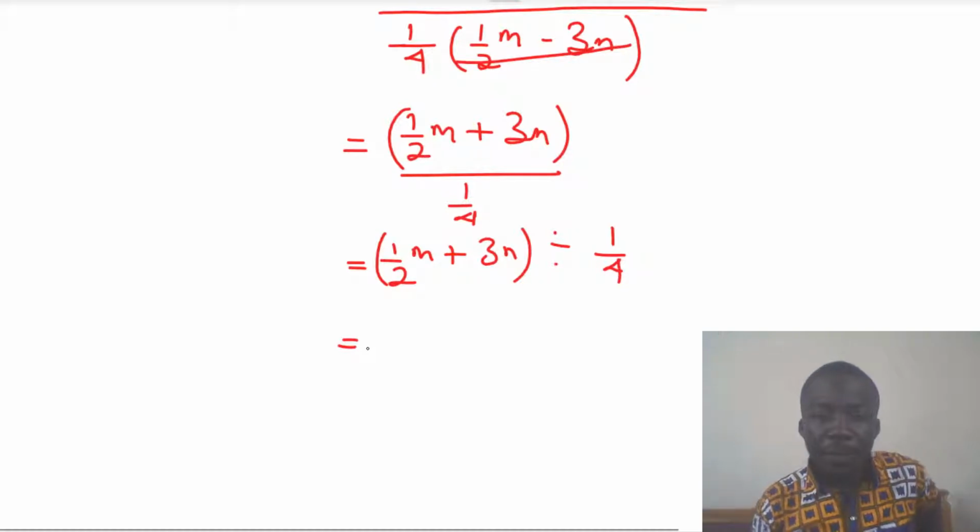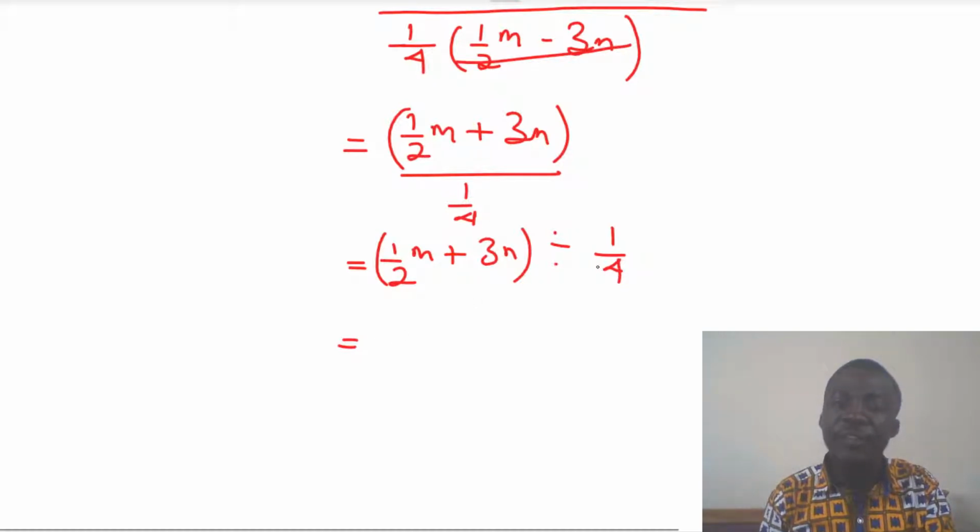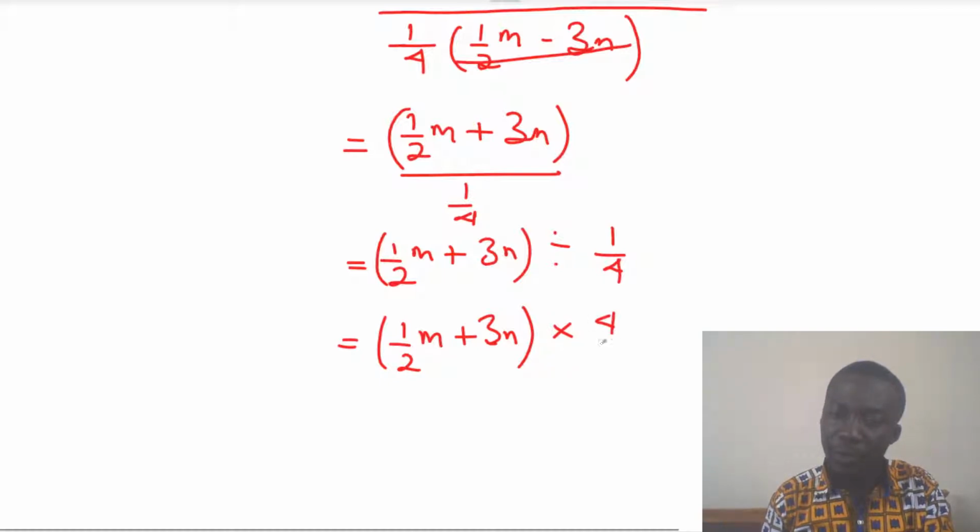And when we get here, we can change this division sign to multiplication, and by so doing, we are going to get 1 over 2m plus 3n times 4 out of 1.